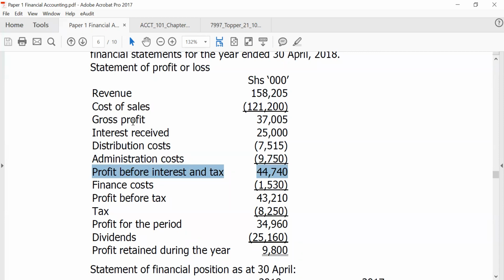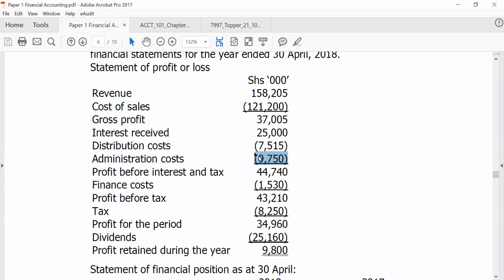We have cost of sales, gross profit, interest received, distribution, administration costs, and then they came to profit before interest and tax. But also you need to understand that these are amounts all together. They are summing up all the other costs. So we don't see costs like depreciation appearing here, but yet in reality, such costs are there. So some of the costs are bulked up, so you have to look for them.